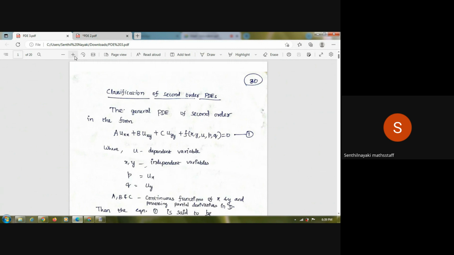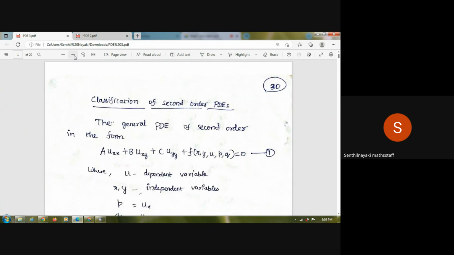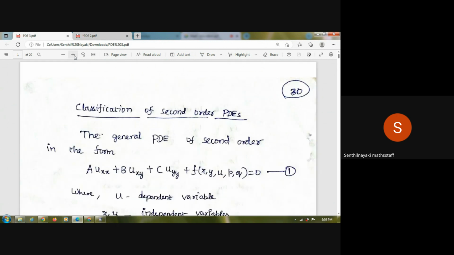In this class we are going to discuss the classification of second order PDE, the next topic. We have covered the solution procedure of linear partial differential equations, the solution procedure of non-linear partial differential equations, and the third one is the solution procedure for the Cauchy problem.